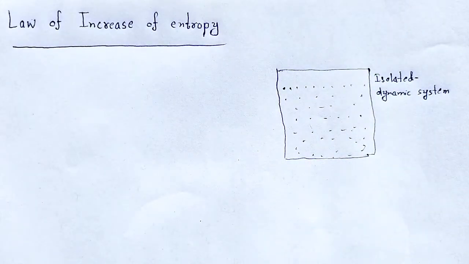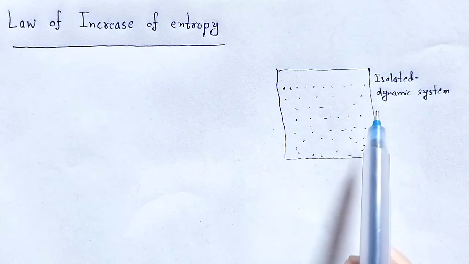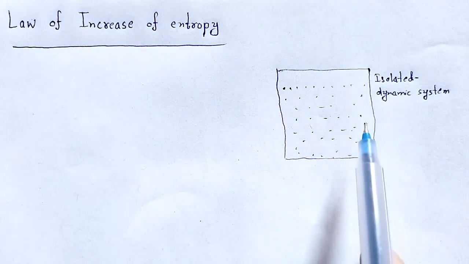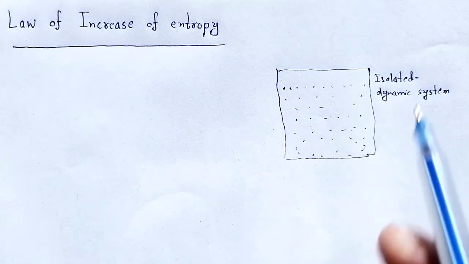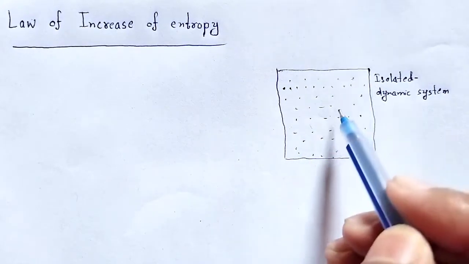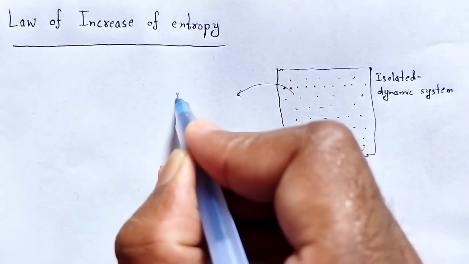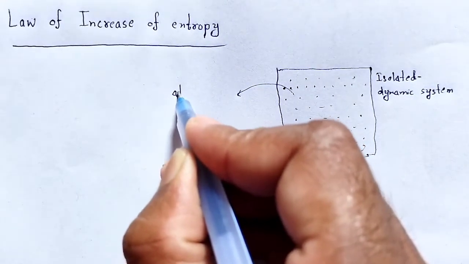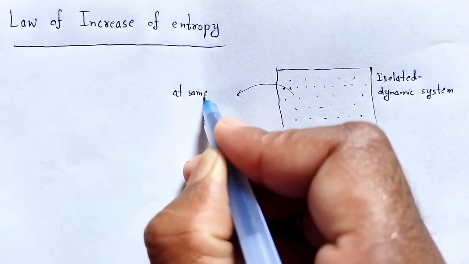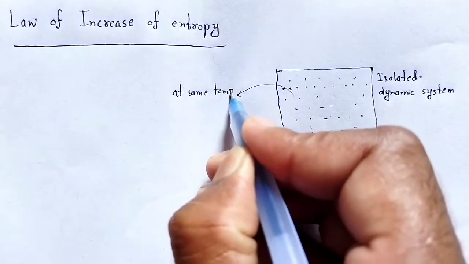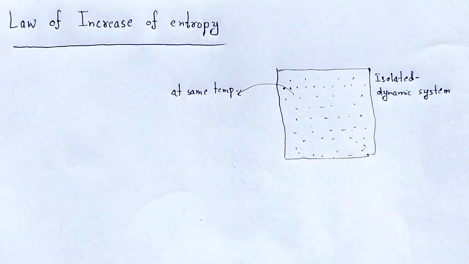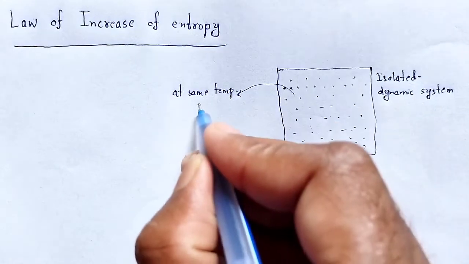When all the parts of the system are at the same temperature, the system is said to be in thermal equilibrium.